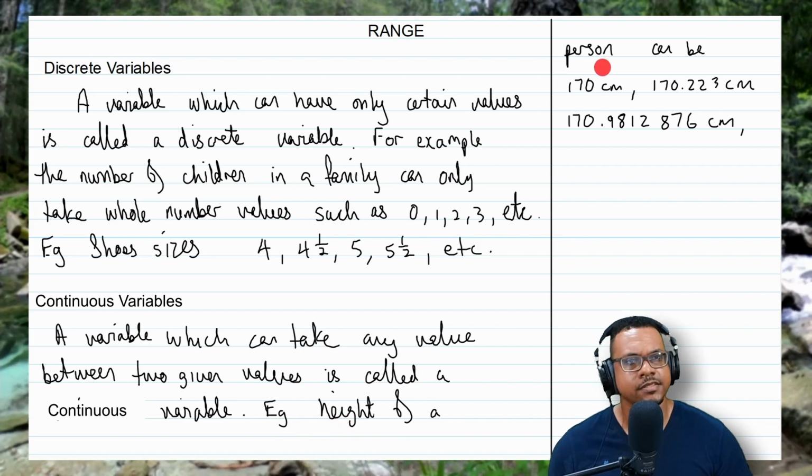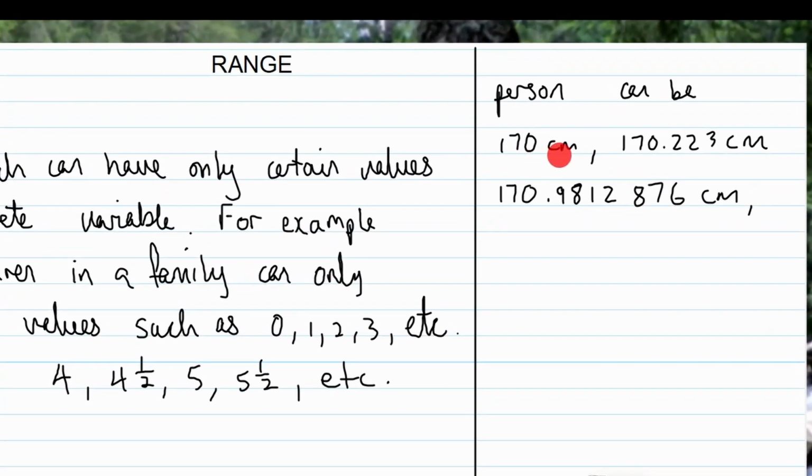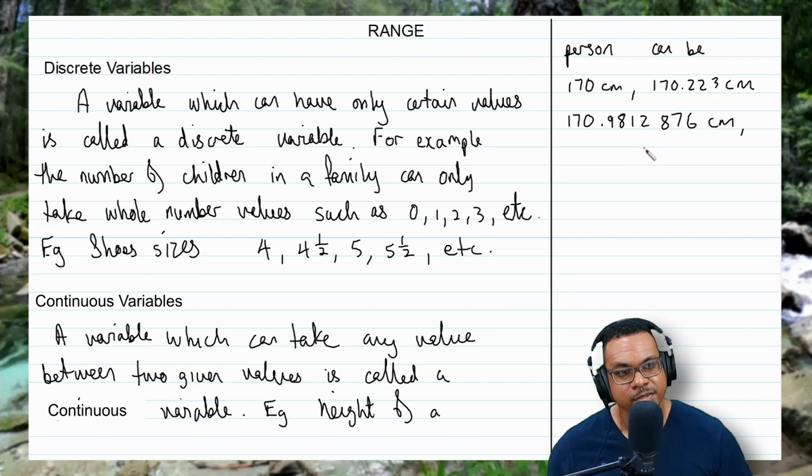For example, the height of a person can be 170 centimeters, 170.223, and so on with a long decimal. But based on the accuracy of the instrument you're measuring with, this decimal could go a lot longer. Now, when it comes to a frequency table, whether you have a discrete variable or a continuous variable would affect how you work out the range.